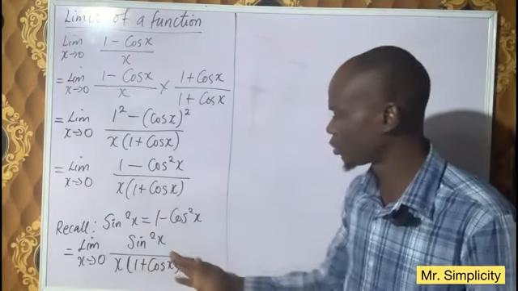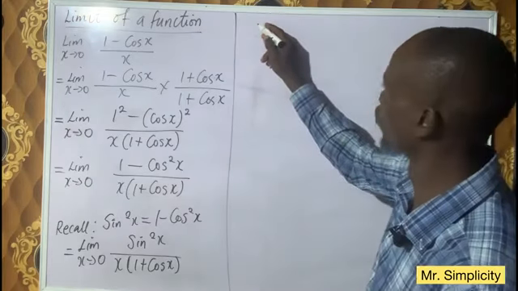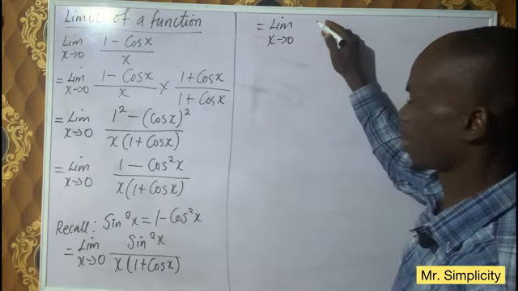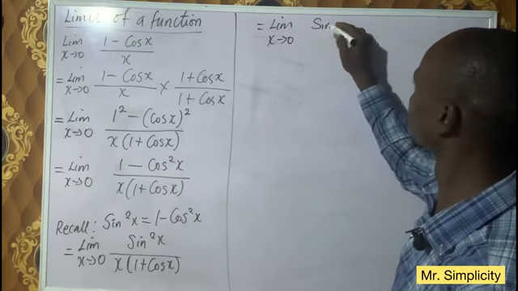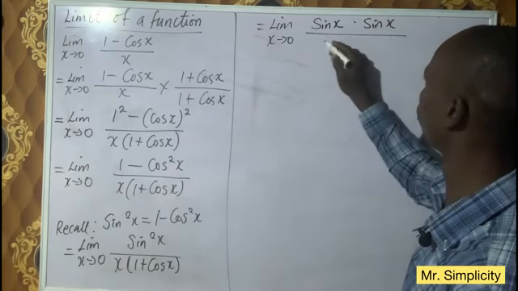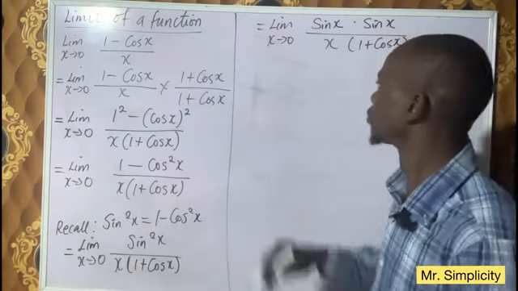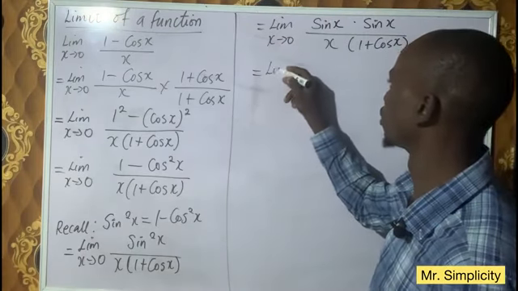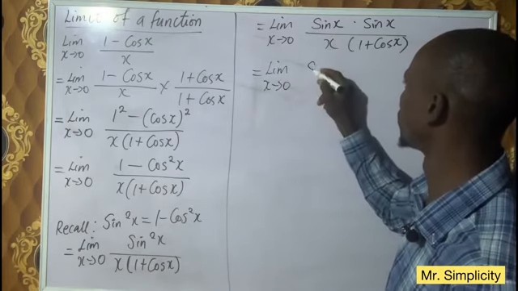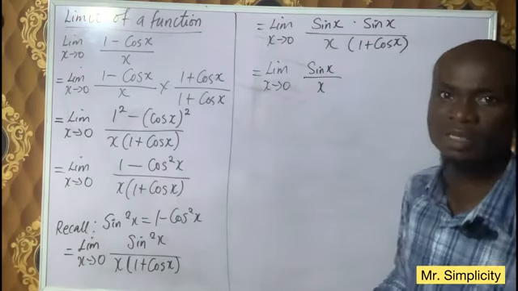The next step: sine square x is the same thing as sine x times sine x, which means I can break this down to become limit as x tends to 0, sine x times sine x all over x times (1 plus cos x). According to the rule of limits, sine x over x is a special limit, so that can be separated.